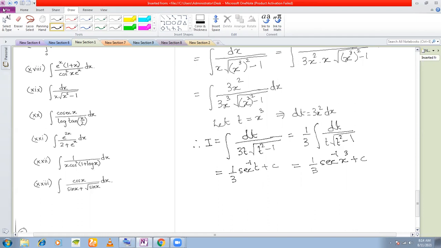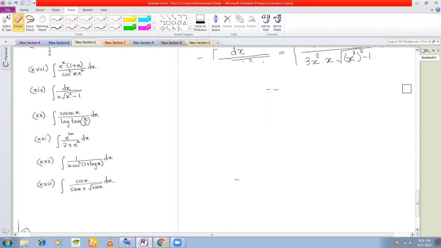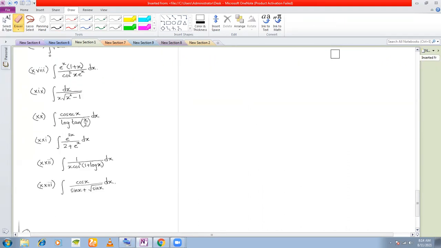Moving on to the next sum. Number 20. I is equal to integral cosec x divided by log tan x by 2.